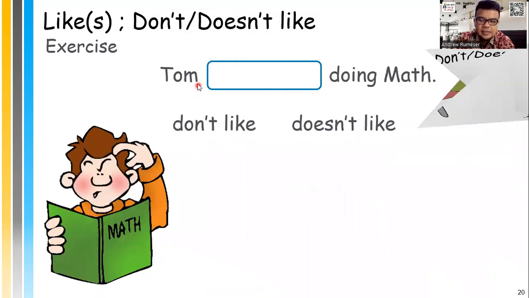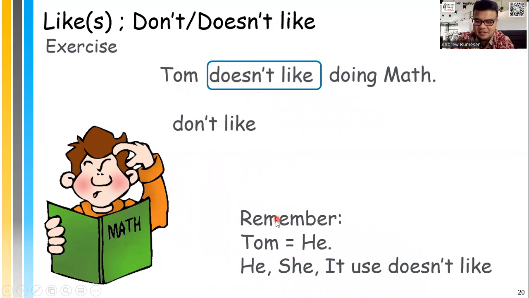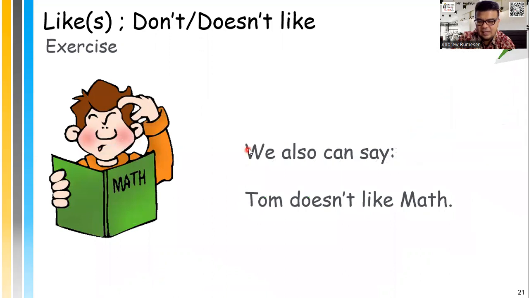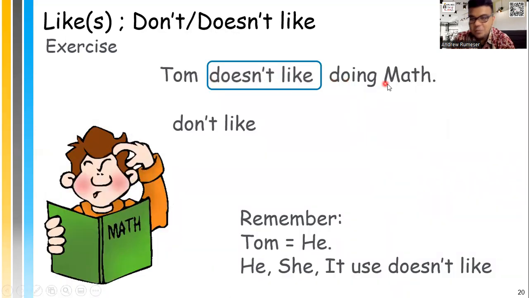Okay, next. Tom don't like or Tom doesn't like doing that. Watch the subject. It's a he, so doesn't like. We use doesn't. That's right. All right, remember Tom is a he. Subject is he. We can also say Tom doesn't like math, right? Tom doesn't like math. And here, Tom doesn't like doing math.